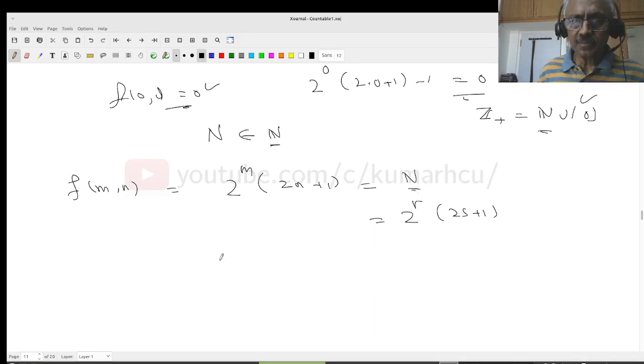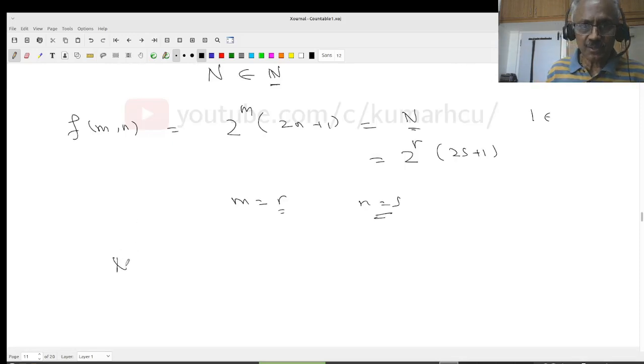Therefore I know what is m. My m I have to choose as r, and n I have to choose as s. Of course, I use prime factorization. You may say that prime factorization only talks about natural numbers which are greater than 1. Do you remember that? So, if n equal to 1, we already proved it.